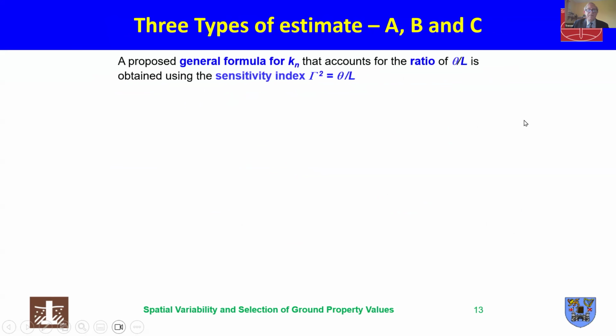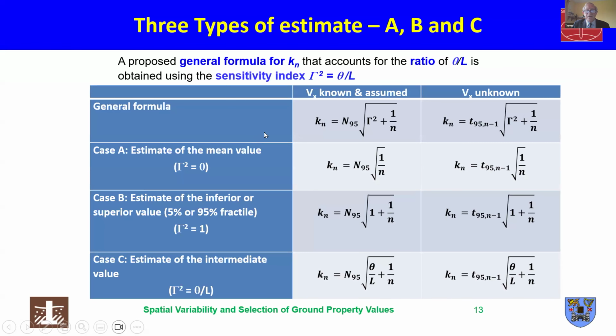So we've got these three types of estimates, and a general formula is given by using the ratio theta over L as the sensitivity index, gamma squared equal to theta over L. If you use that general formula, Kn is equal to n95 times the square root of gamma squared plus 1 over n, when Vx is known or assumed, and when it's unknown, it's t95, n minus 1, times the square root of gamma squared plus 1 over n.